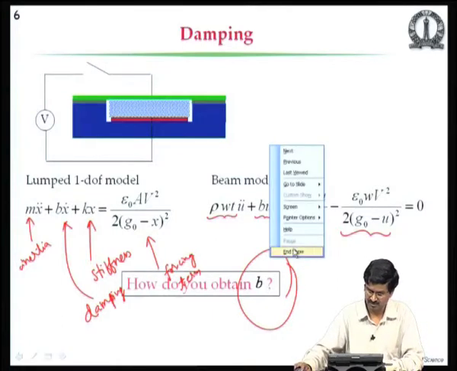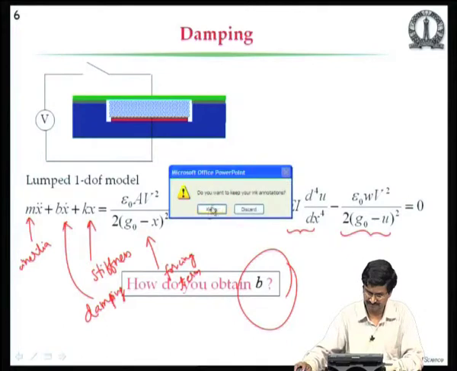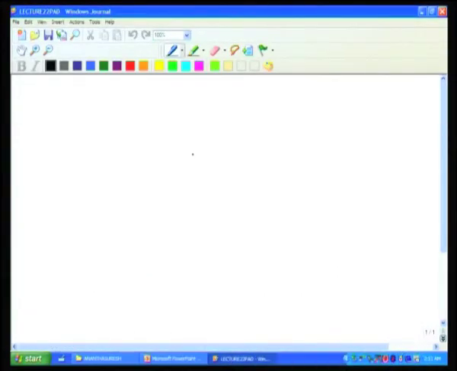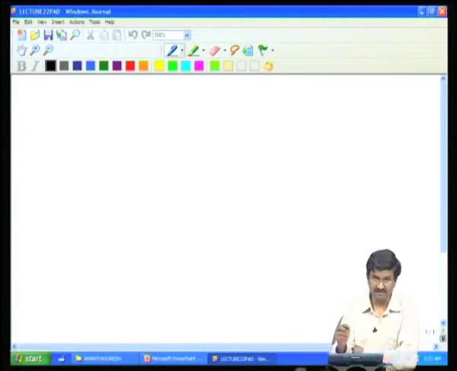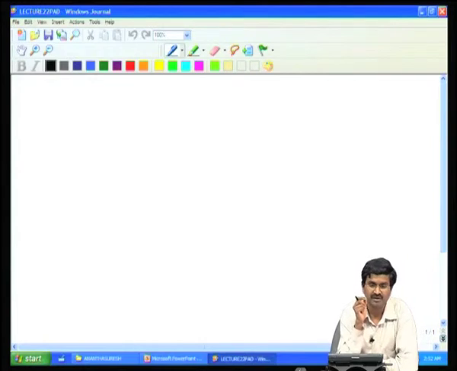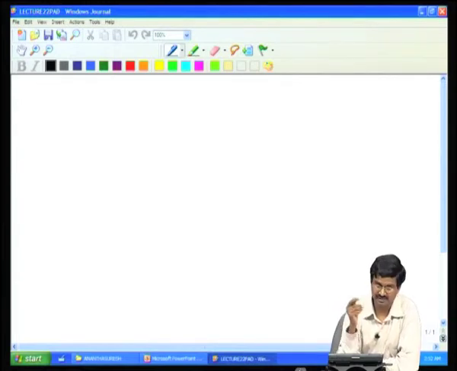Okay. So, we will have a few comments on fluid mechanics in general, and try to derive the expressions for getting the damping coefficient that you can put in our lumped modeling or 3-dimensional modeling or 2-dimensional distributed modeling.